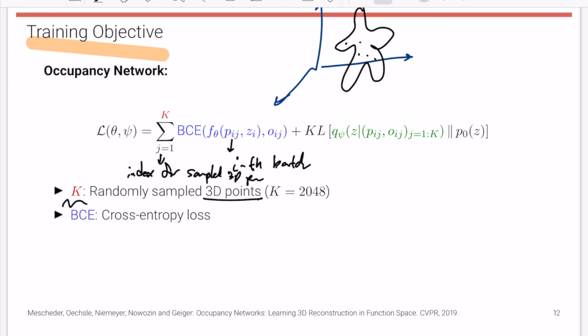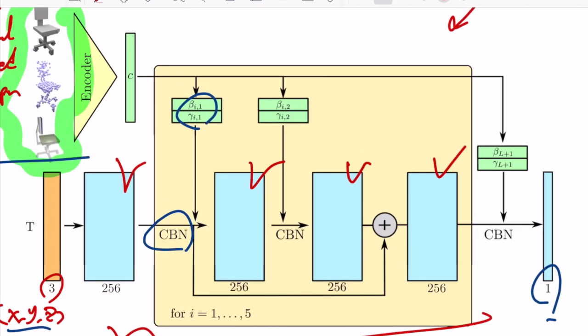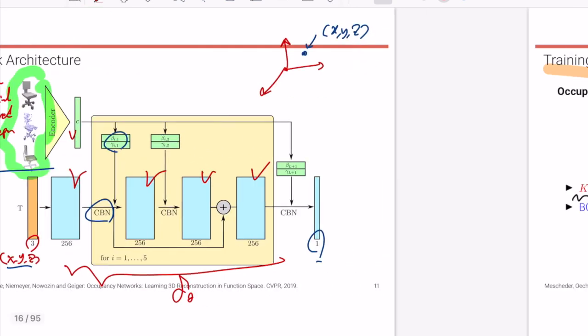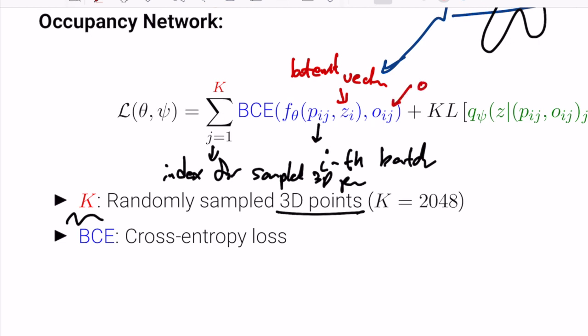G is the latent vector from, for example, here. Then o is occupancy.